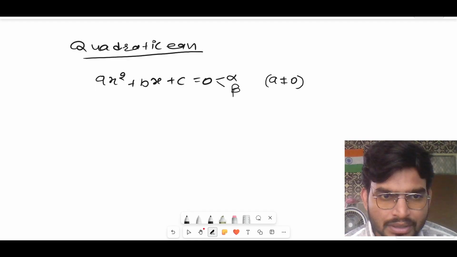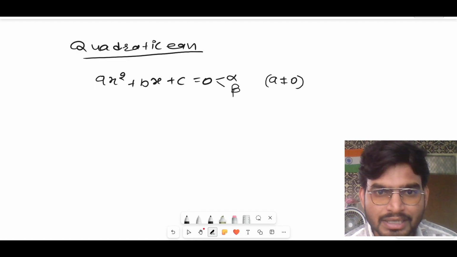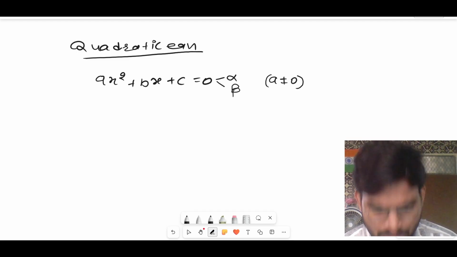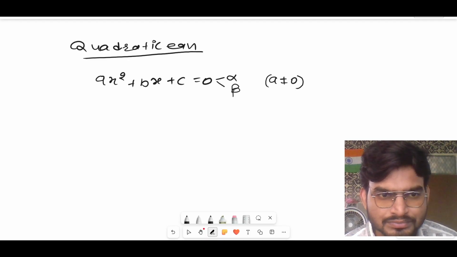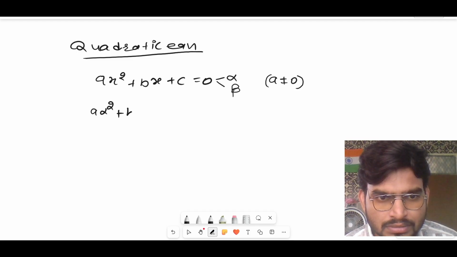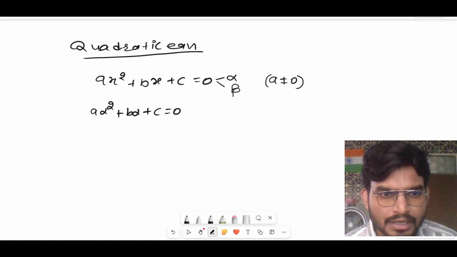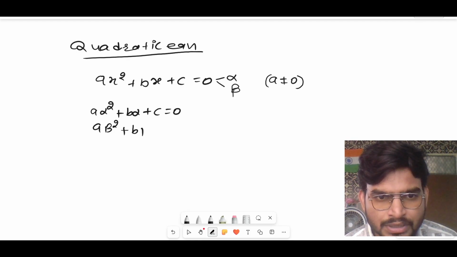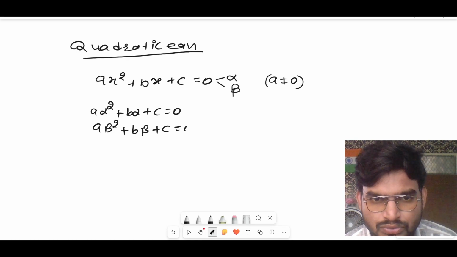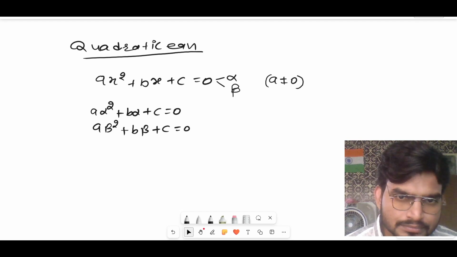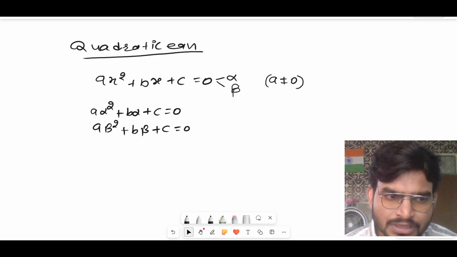So I can say alpha and beta will definitely satisfy this equation. So here we can write a alpha square plus b alpha plus c equals to 0, and a beta square plus b beta plus c equals to 0. Okay, so alpha and beta will satisfy this equation.